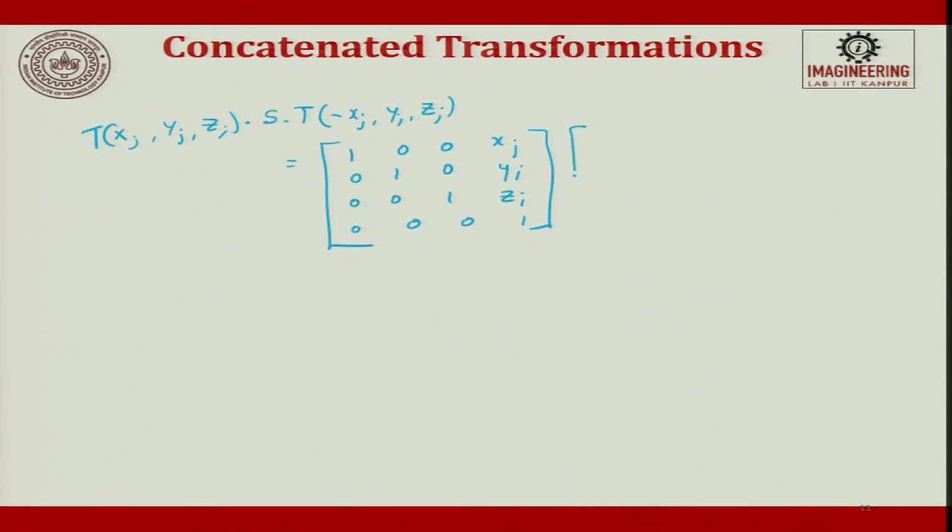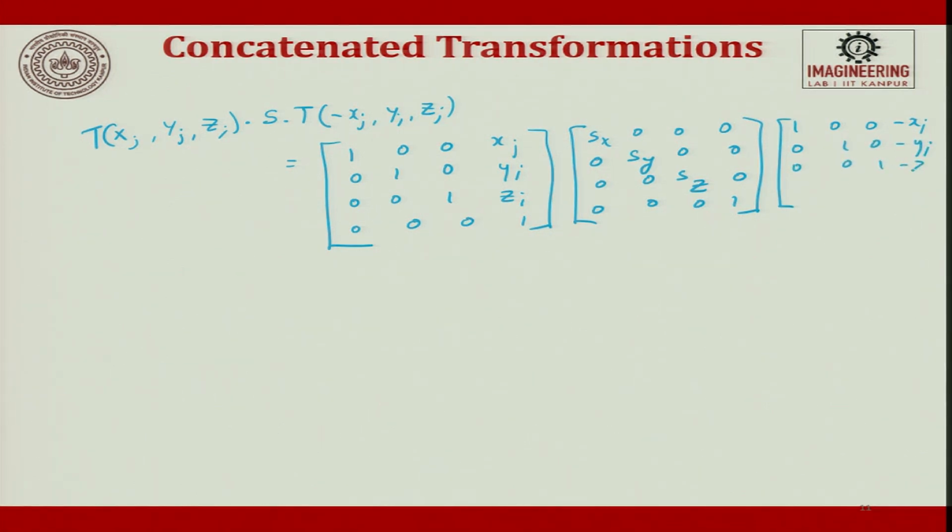Next, we do scaling: Sx 0 0 0, 0 Sy 0 0, 0 0 Sz 0, 0 0 0 1. And then we do the final one, that is nothing but 1 0 0 minus xj, 0 1 0 minus yj, 0 0 1 minus zj, 0 0 0 1.